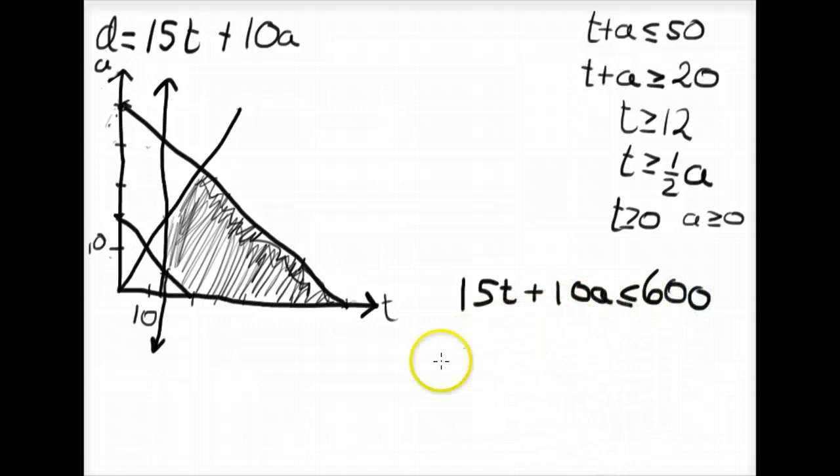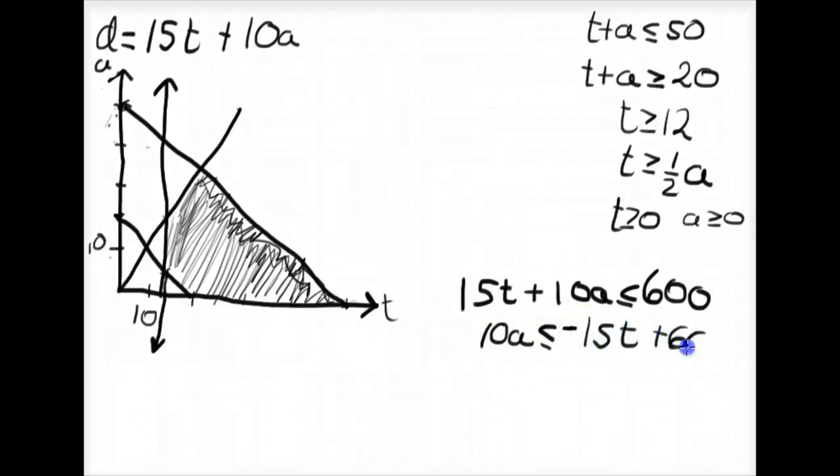Now, solving for a in terms of t, we have 10a is less than or equal to negative 15t plus 600, or a is less than or equal to negative 3 halves t plus 60.